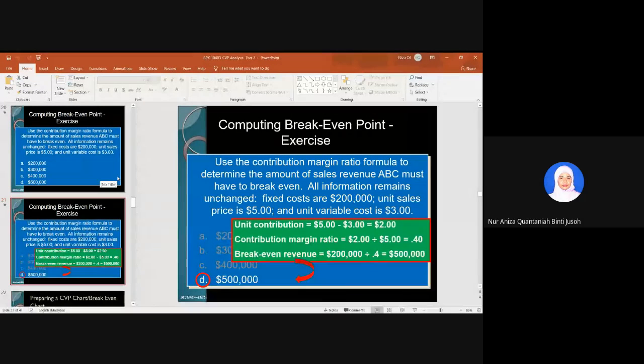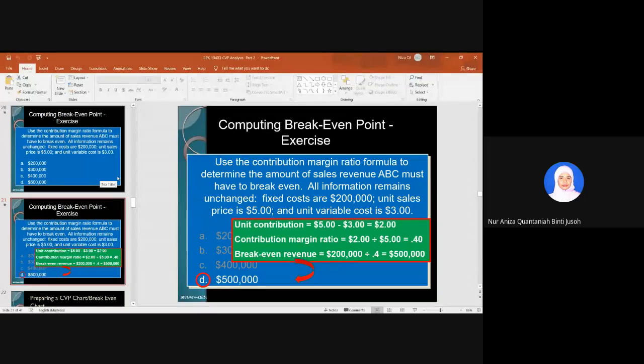Using the mathematical equation is okay. But usually students tertinggal, nanti tersalah, semua dikira by quantity. Sedangkan you cannot use quantity. Fixed cost cannot times with quantity. Jadi jangan guna that calculation. So use this formula. But for this formula, you have to take another step. After you calculate the contribution margin per unit, you will have to find the contribution margin ratio. Now bila you dah cari the contribution margin ratio, you can look at the question.